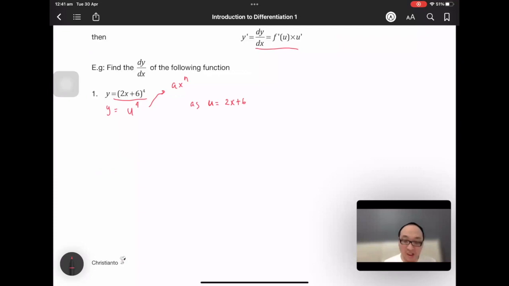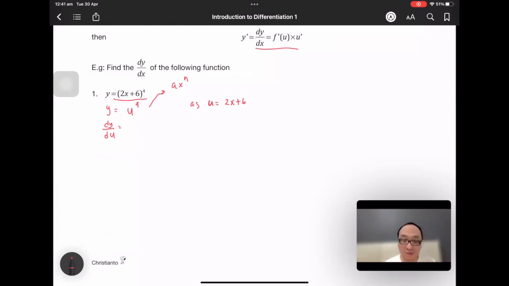So what is the derivative? If we derive dy over du, since now our variable is u, the first derivative is not dy dx, but dy over du, because we have the variable u. So it will follow the basic rule.